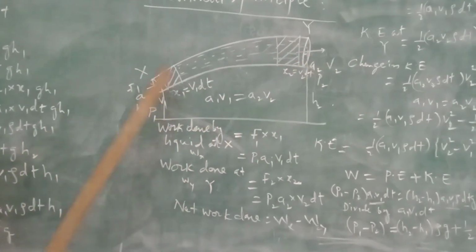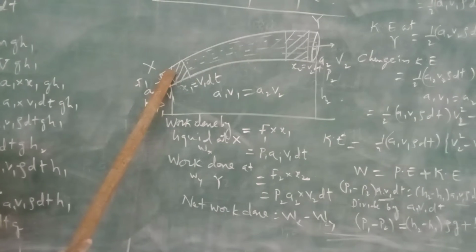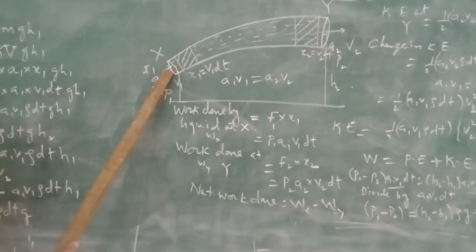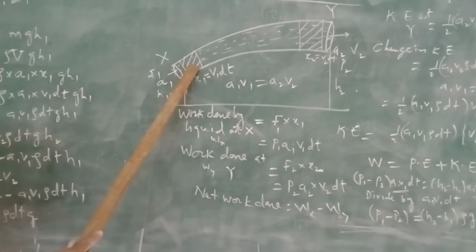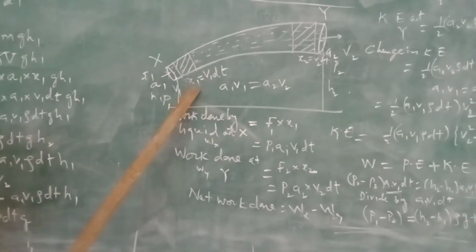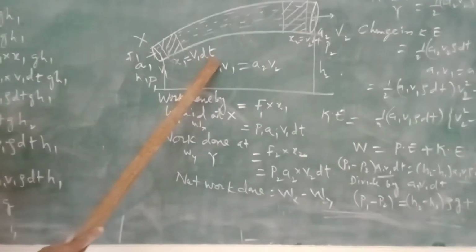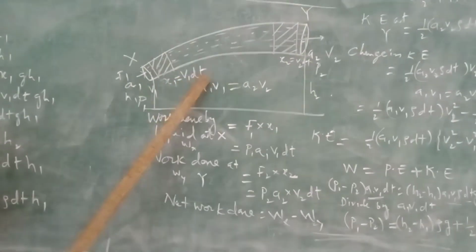Now I will consider here the small distance x1 and the velocity of the molecules here is v1. So x1 can be written as v1 into dt, because velocity is equal to distance upon time. So distance is equal to velocity into time.